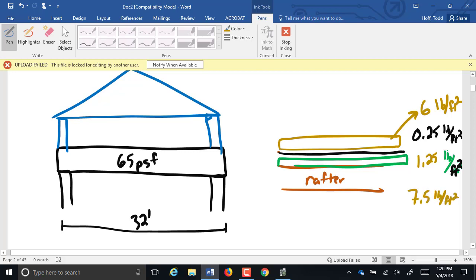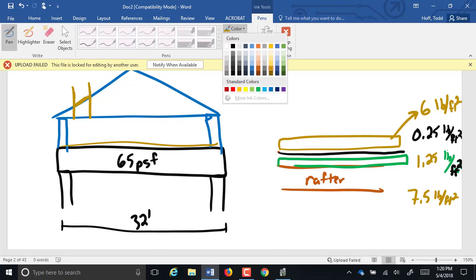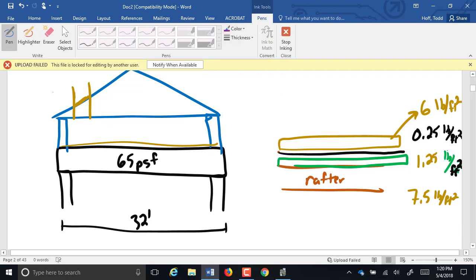But now the way we analyze a roof is not per square foot of the surface, it's per horizontal square foot. So if this is 32 feet across here, we consider that to only be 32 feet of roof, even though it's sloped. So a foot of that roof is actually longer than a foot if we take it up the surface. Does that make sense? So we have to use that correction factor. Let's say it's still that 8/12 slope.